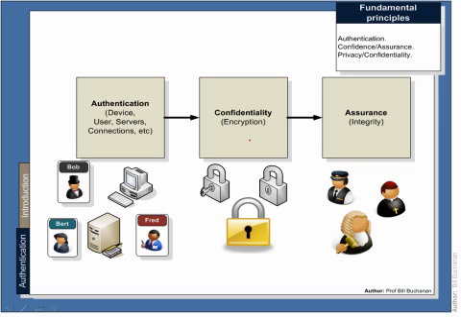Okay, the three fundamental principles of security are authentication, confidentiality, and assurance. Authentication involves authenticating users, devices, servers, connections, and so on. In fact, every single element of the communications and data storage should be authenticated in a highly secure system.